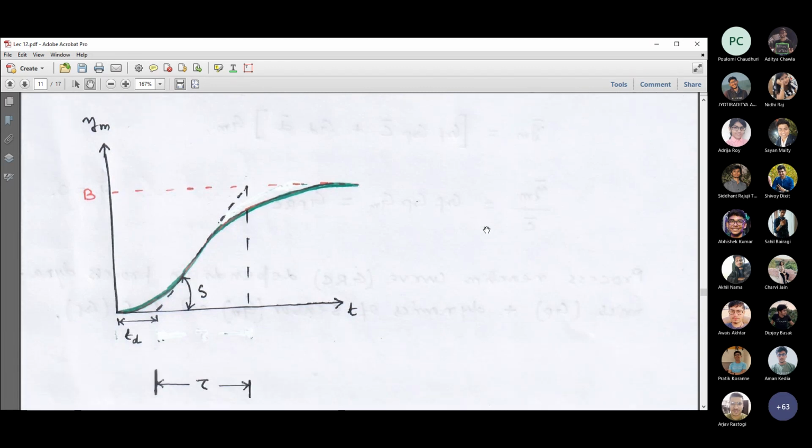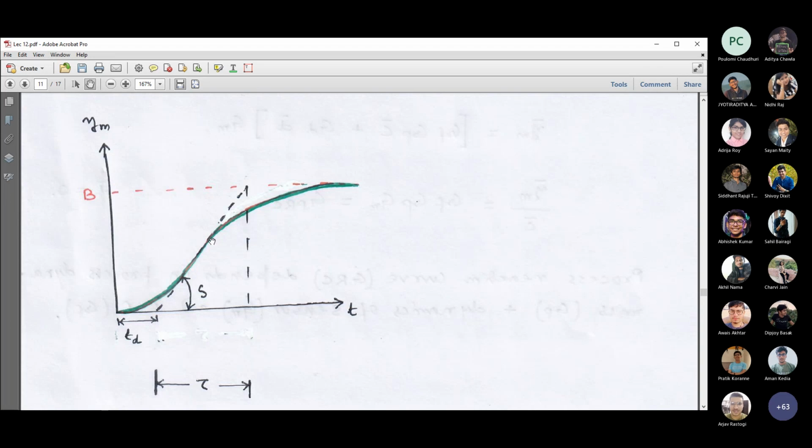Now let us first draw this figure, then we'll discuss how to determine these three parameters, K, TD, and tau. In fact, they are indicated in this figure. B is the ultimate gain, that you know.